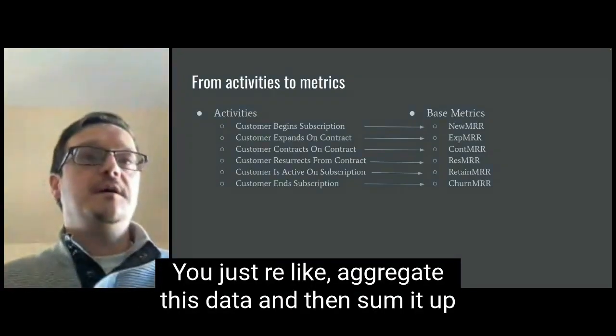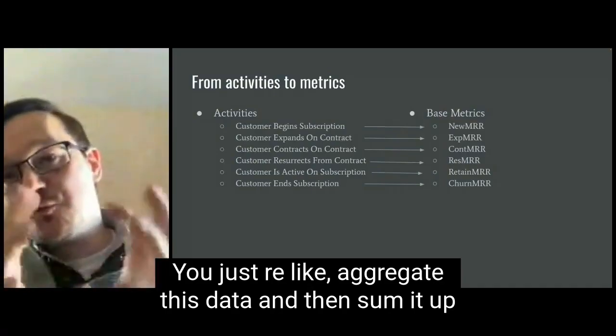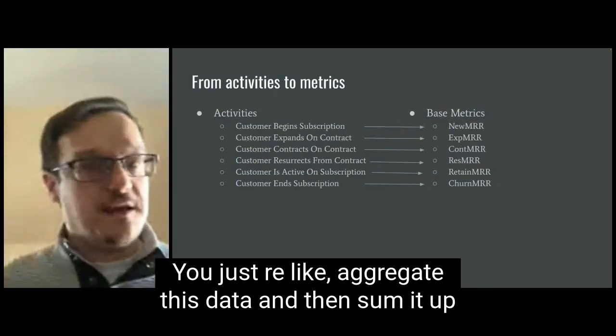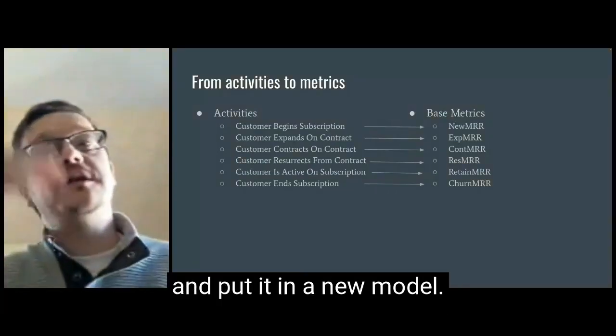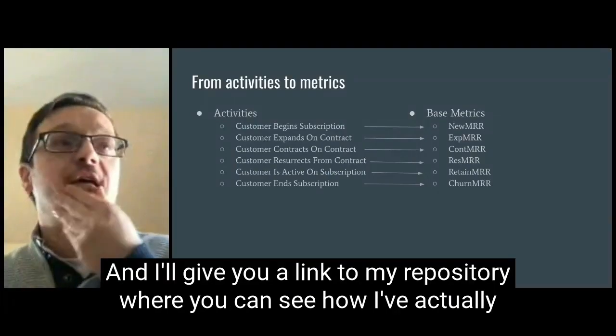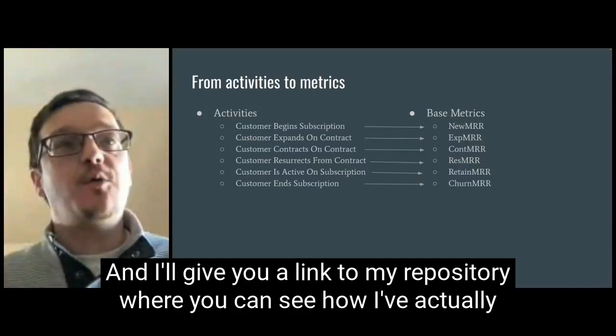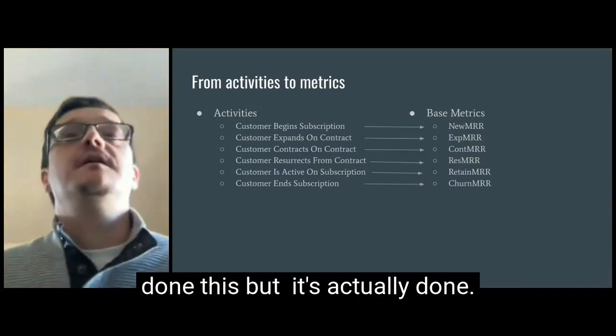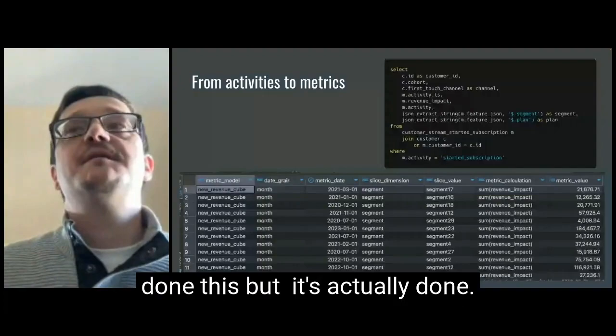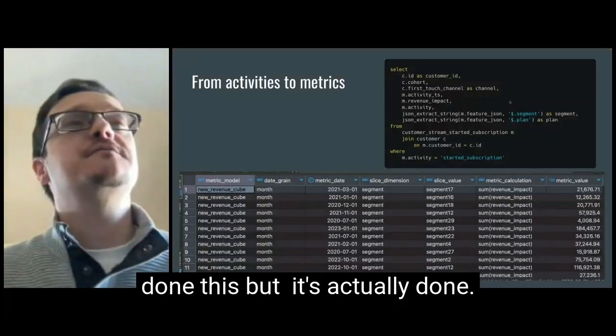You just aggregate this data and then sum it up and put it in a new model. And I'll give you a link to my repository where you can see how I've actually done this. But this is how it's actually done.